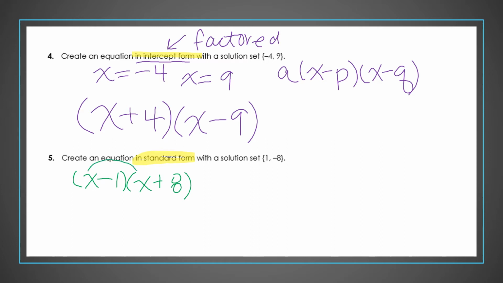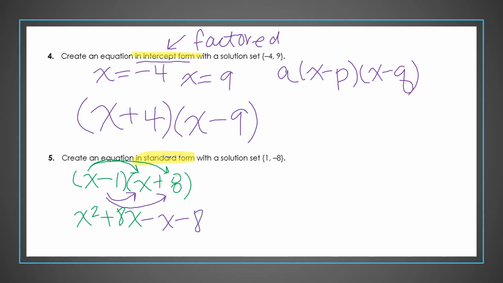So we're going to distribute the x to x and the 8. So x times x is x squared. x times 8 is 8x. And then we're going to distribute the -1. So -1 times x is -x. And -1 times 8 is -8.